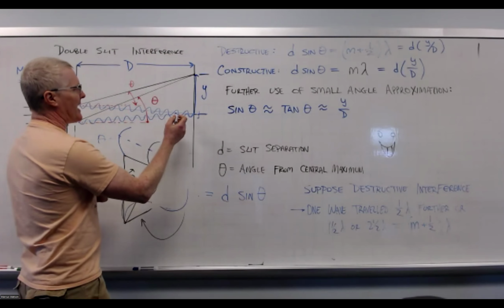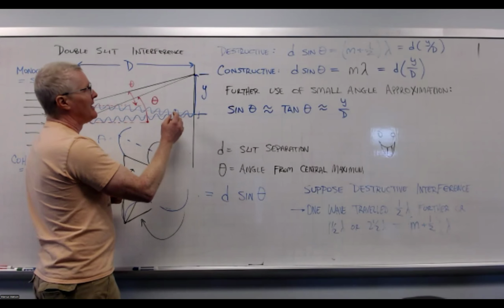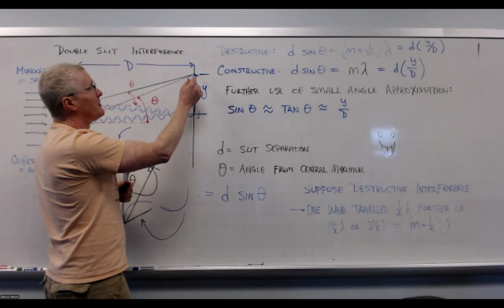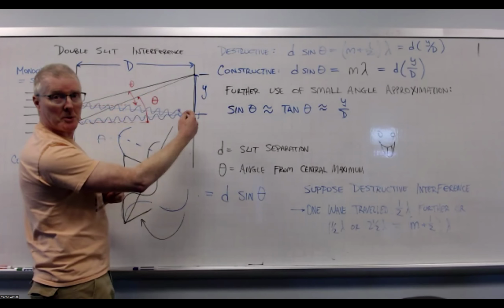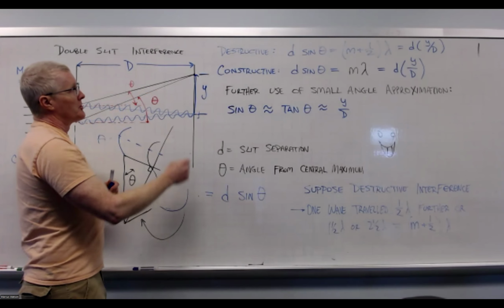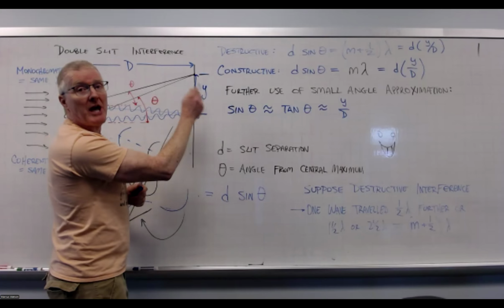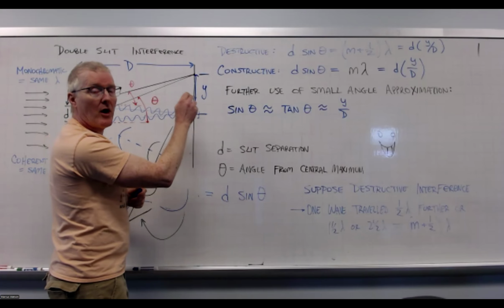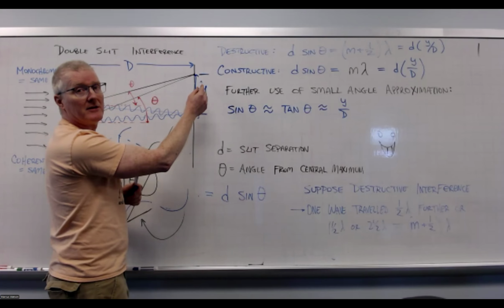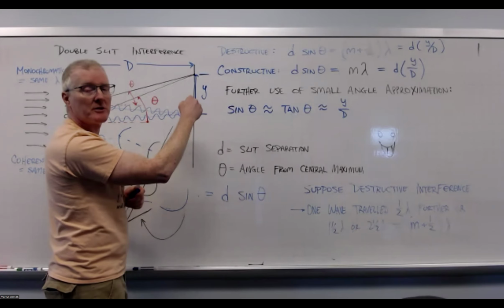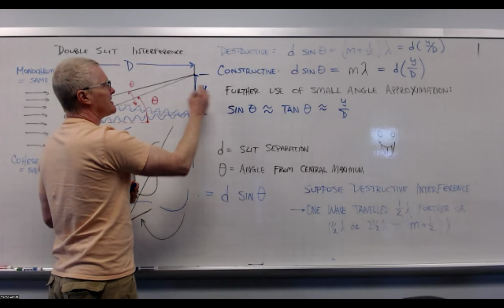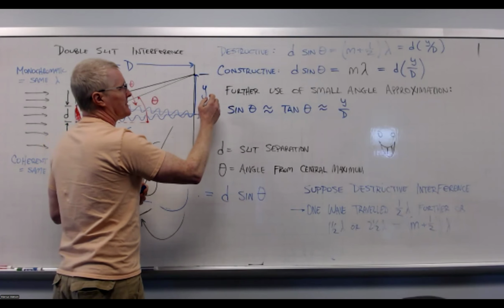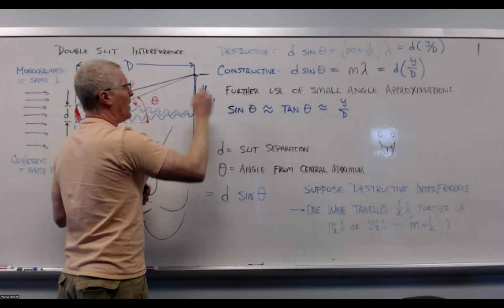So what this means is I have a bright spot here in the middle. I have a dark spot on the screen here. Further up, I have a bright spot. Further up, I have a dark spot. And the same thing is repeating down here. So this y will change based on where on the screen I am looking to see if it's constructive or destructive interference. This point was destructive, so I could say this is destructive number 1.